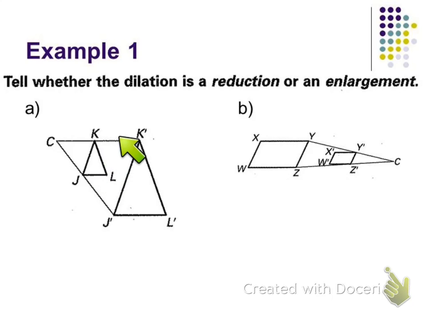The new one has these little symbols, okay? The little apostrophes afterwards. When you say those out loud, it's prime. So the one with the primes, K prime, J prime, L prime, those are the new ones. This one's the original. So what did the original have to do to make the new one? Bigger or smaller? Bigger, which means it's an enlargement. Good.